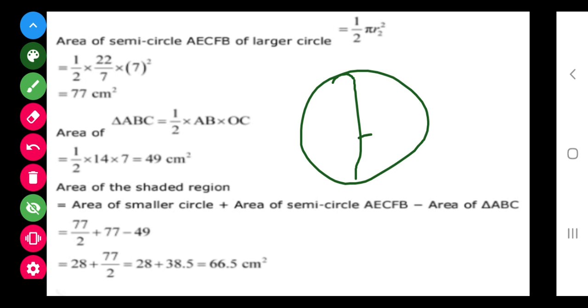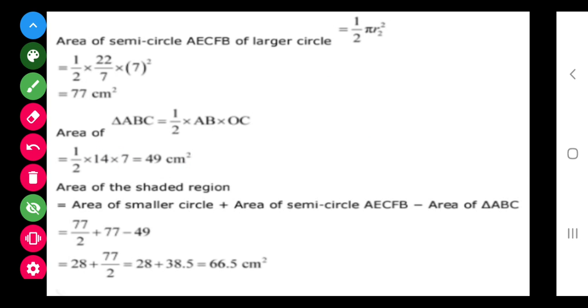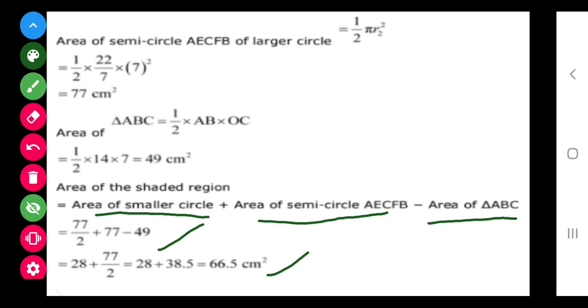This is 14 and this is 7, so half base into height, 14 into 7, overall it is 49. Now the required area is area of smaller circle, area of semicircle minus area of triangle. Finally the answer is this.